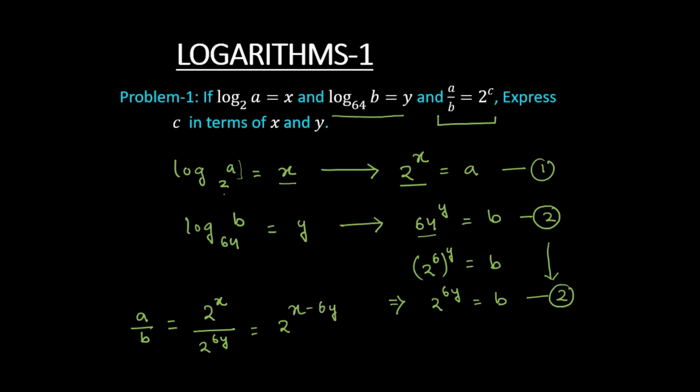It's given that a by b is equal to 2 raised to the power c, so this is equal to 2 raised to the power c. As the bases are the same, the powers can be equated. So you get c equals x minus 6y.